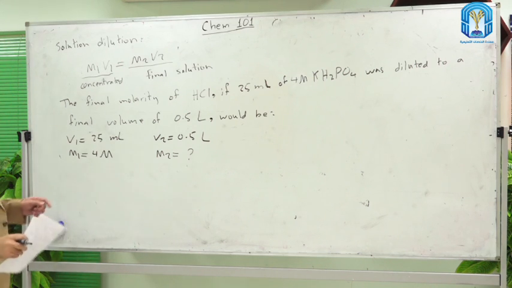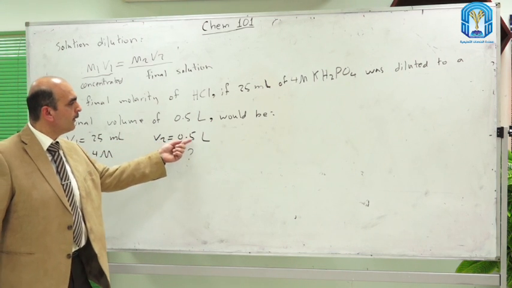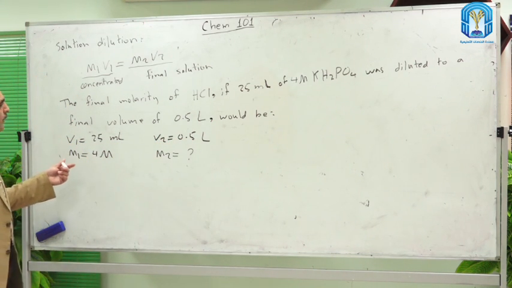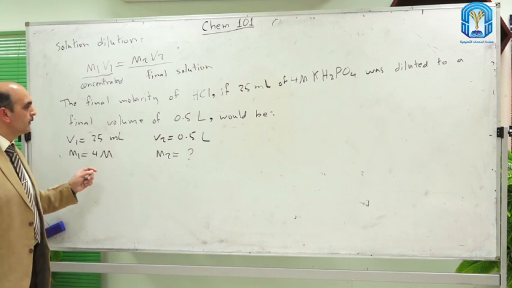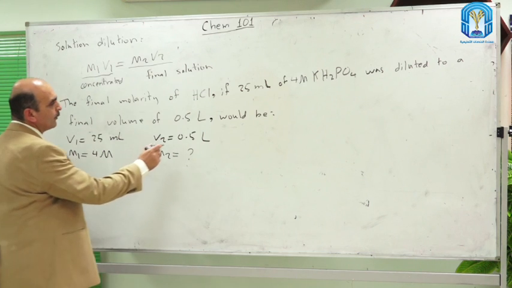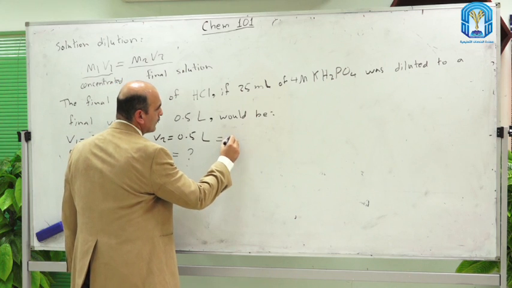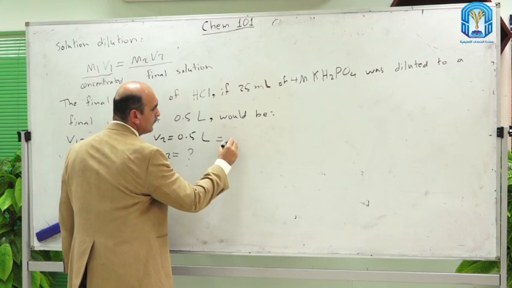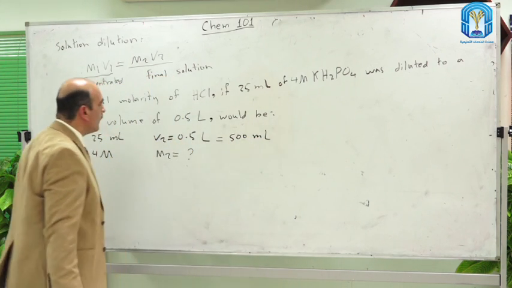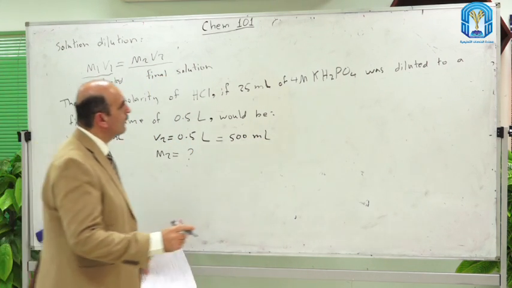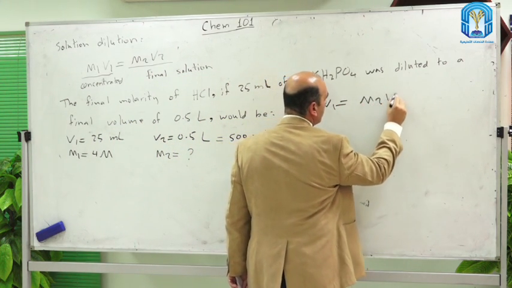Here, as we see in this question, the volume 1 is given in milliliters and volume 2 in liters. So either we have to put both in milliliters in the equation or both liters. So we'll convert the liters into milliliters. We multiply it by 1000, and this is equal to 500 milliliters. So now we can use the equation M1V1 equals M2V2.